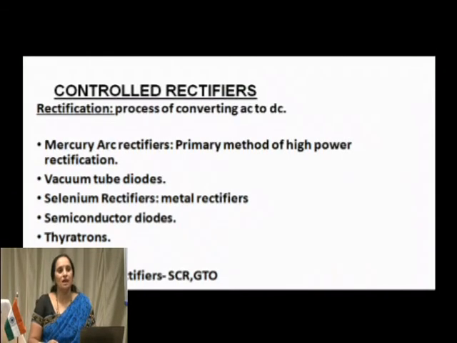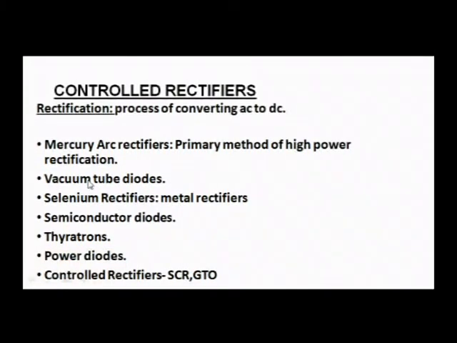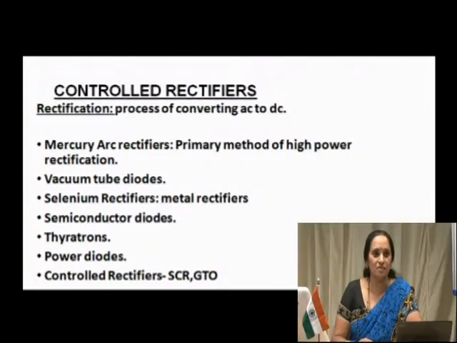Here I would like to give you a brief overview of which devices are used for rectification. Rectification, as you all know, is the process of converting AC to DC. The first rectifiers, in the 1880s, were mercury arc rectifiers, which were the primary method of high power rectification. Then you had vacuum tube diodes, then the selenium rectifiers, which are metal rectifiers.